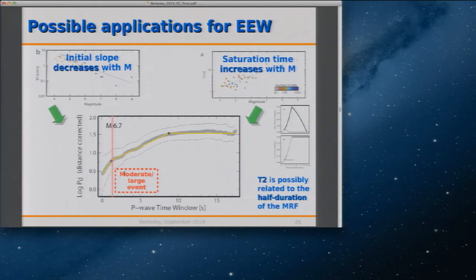Then we keep on measuring PD, and once that PD gets to its maximum value, we could also provide an approximate estimate of the expected duration and size of the rupture. And this is because of the correlation that we have seen before with the moment rate function. So the saturation time is possibly related to the half duration of the moment rate function.